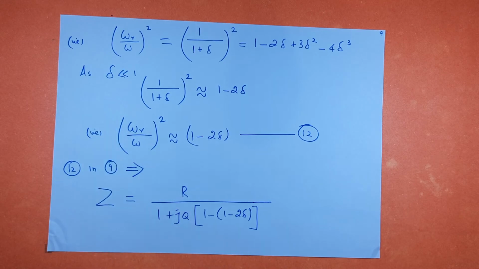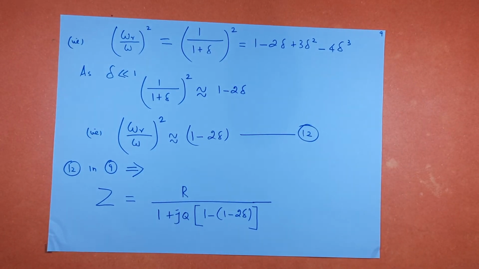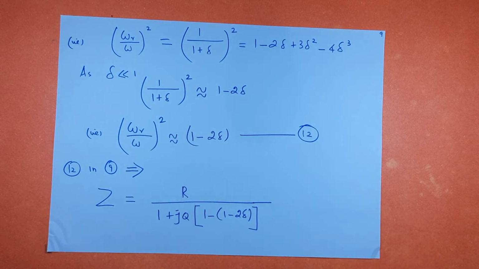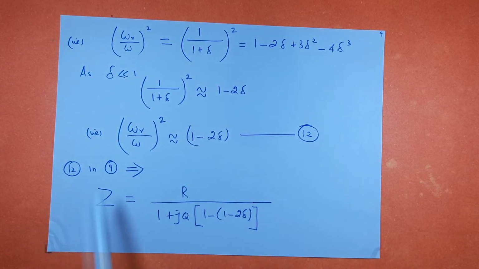As delta is going to be far lesser than 1, the higher order terms can be neglected. So you can approximate 1 by 1 plus delta the whole square as approximately equal to 1 minus 2 delta.